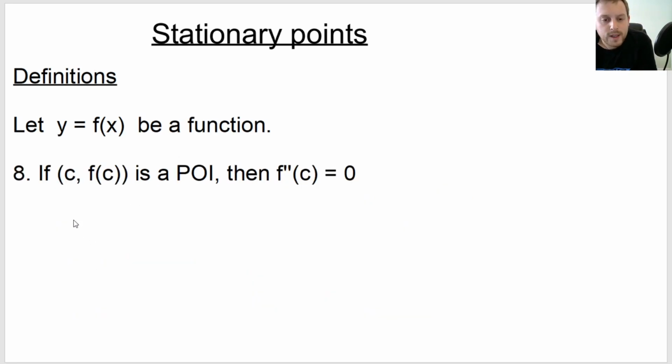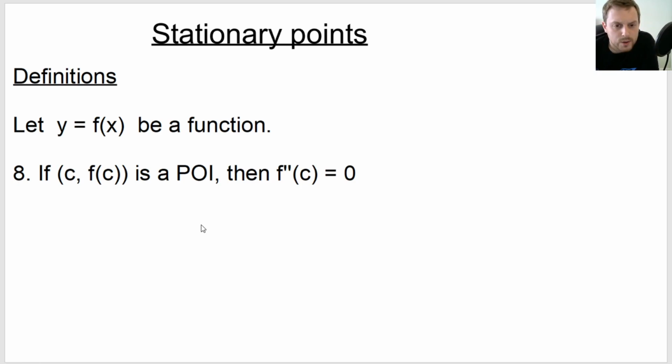Now this is where you might want to box this off and say this is extra, delving into a little more detail about the second derivative being 0.